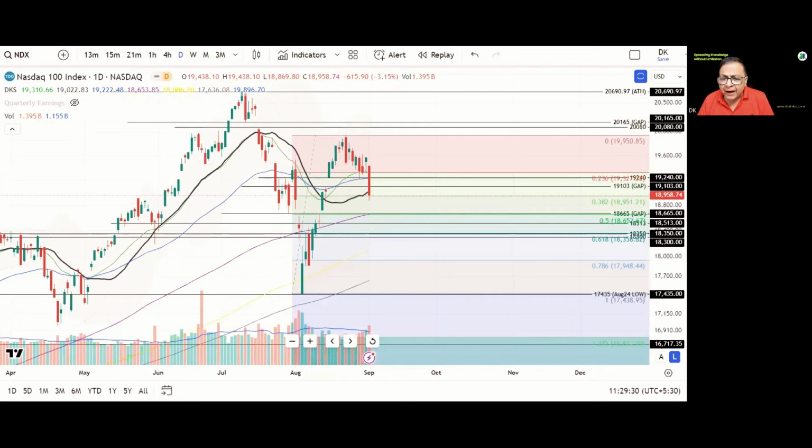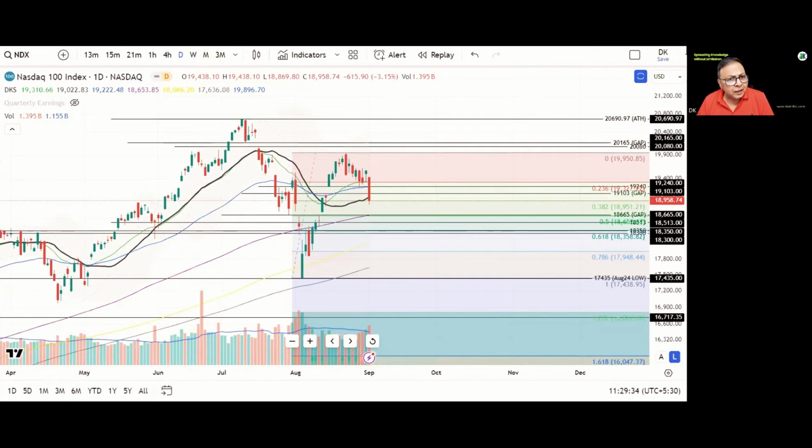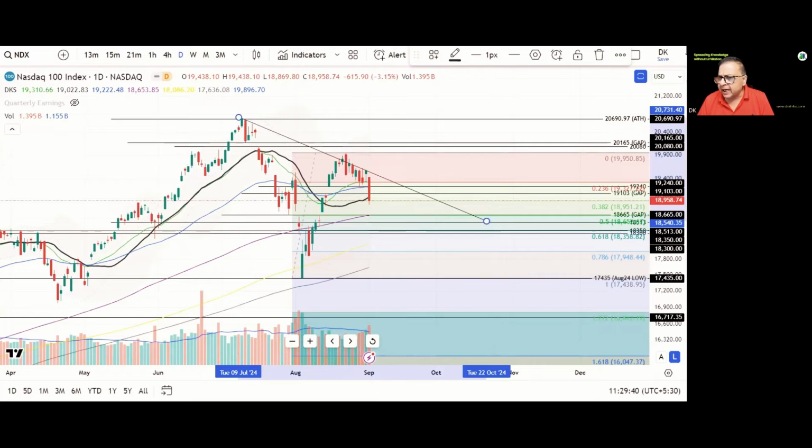So where will the uptrend resume? Let us draw a counter trend line. This is the counter trend line, which is currently acting as a dynamic resistance, price rejection.